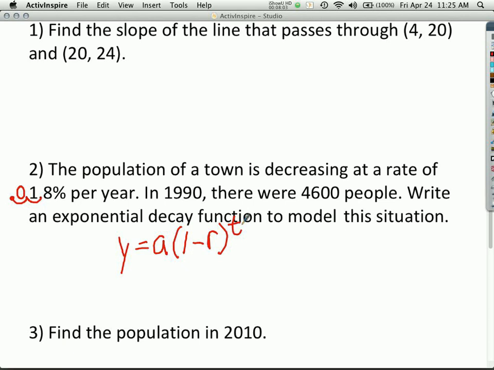So we have to take 1 and subtract 0.018. 1 minus 0.018. And that's how you get the 0.982. Okay? Aaron? Same question. Okay? Other questions?